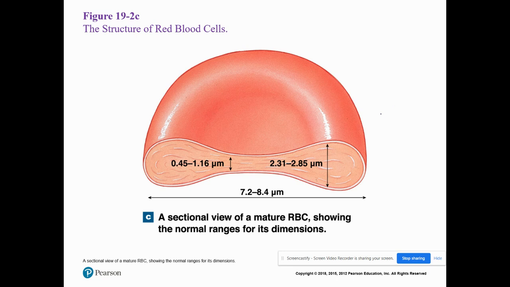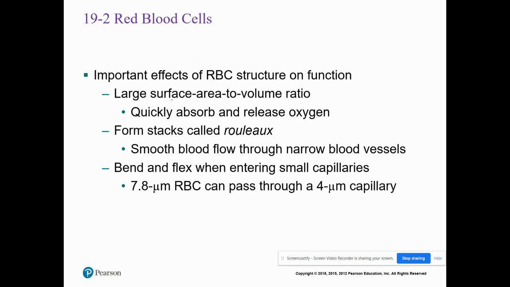And remember, they're a connective tissue with the blood plasma as the matrix. They have a very large surface area to volume ratio, so that they can very quickly absorb O2 when they're in the lungs, and then quickly release it to the tissues. The rouleaux, rouleaux plural, is how they actually form little stacks, and I'll show you a picture.